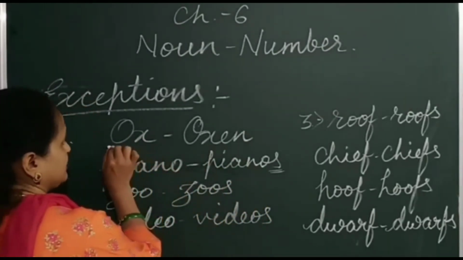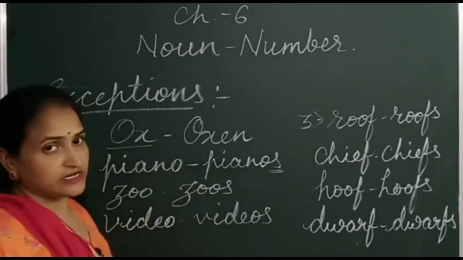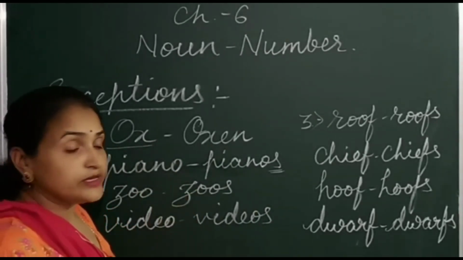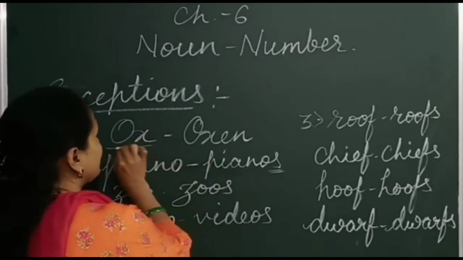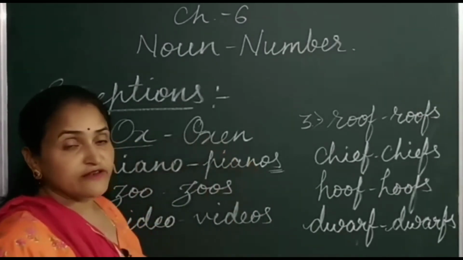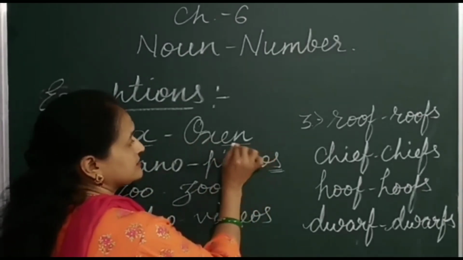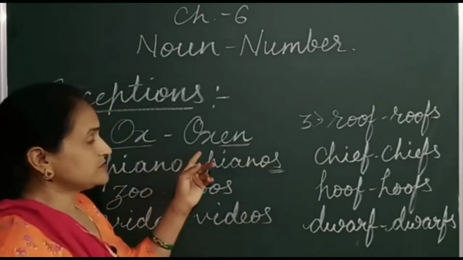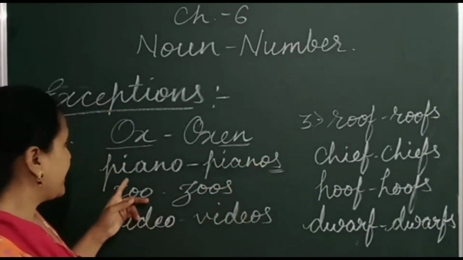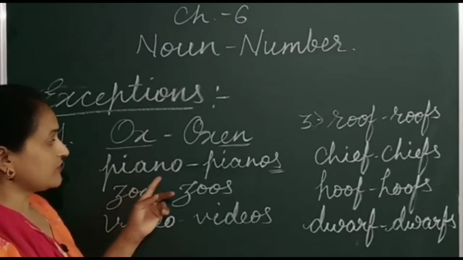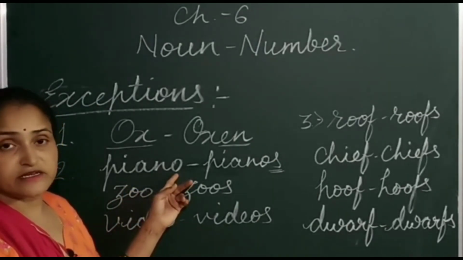But the noun ox does not follow this rule, and to make its plural, we add en, and it becomes oxen.